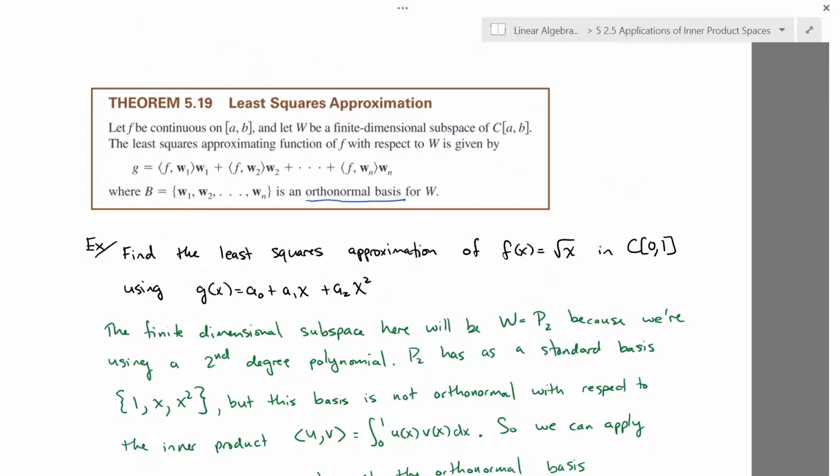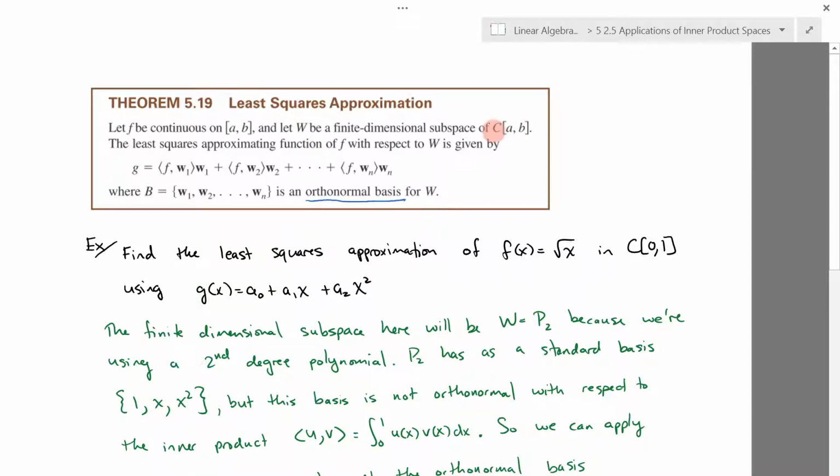Okay, so let's go over how we'll calculate least squares approximation for the continuous function space. It's going to be based on this theorem here. Essentially, the approximating function g of x will belong to some finite dimensional subspace of the vector space of continuous functions, right?